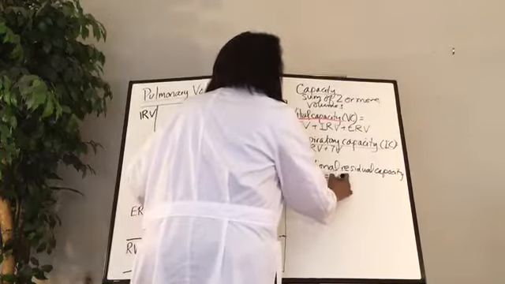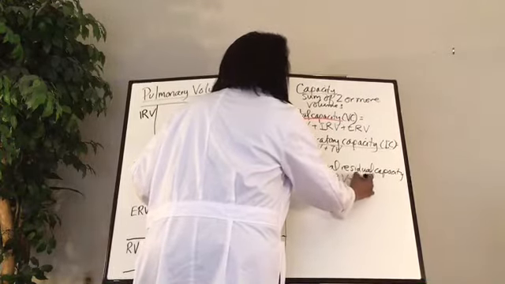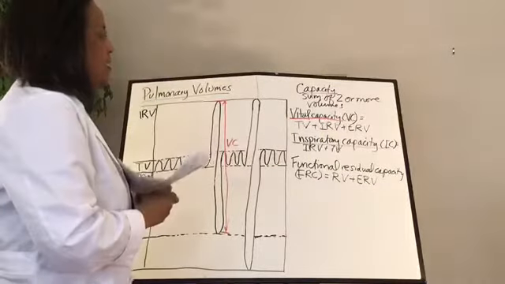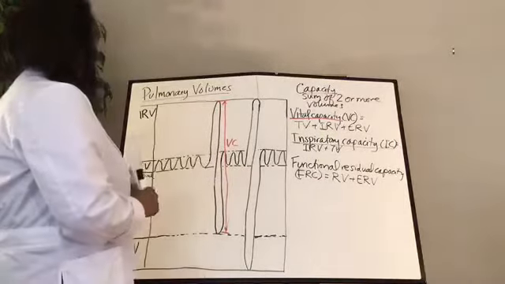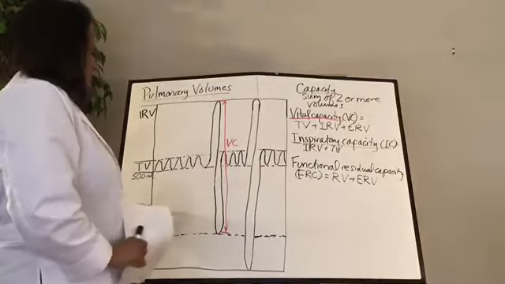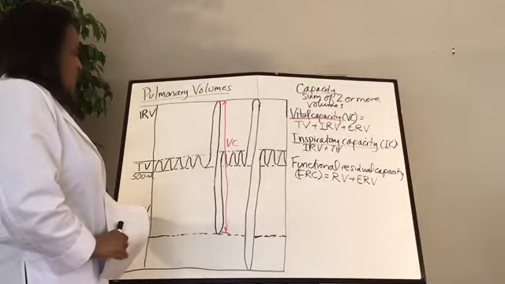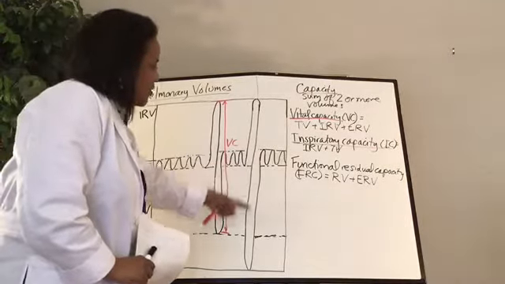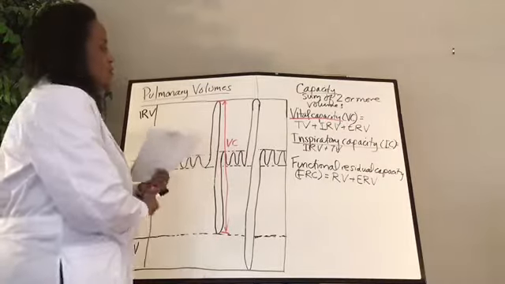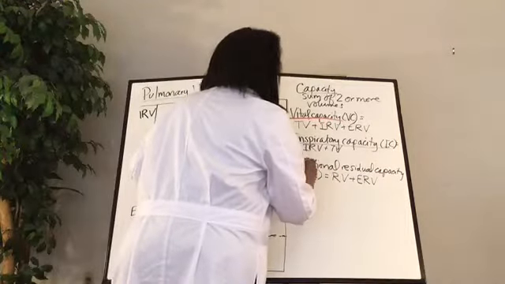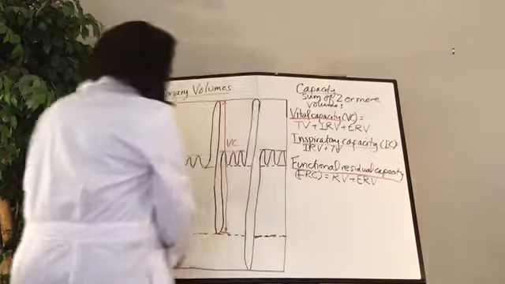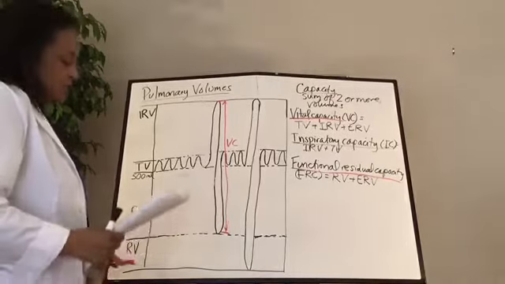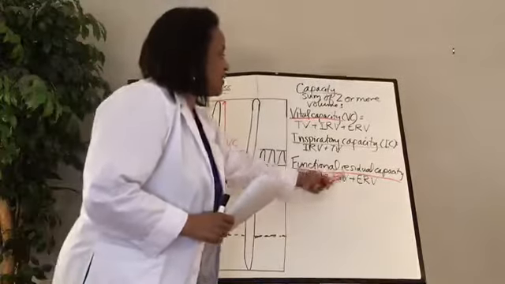FRC is going to be the residual volume and the expiratory reserve volume. So it's going to be these two, from here to here for functional residual. And the word residual is in there, so you'll know to go all the way down here and include residual volume. The word residual is in functional.